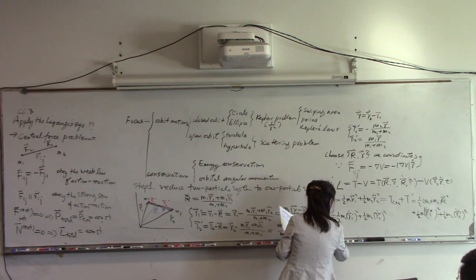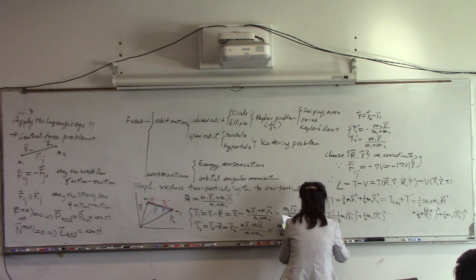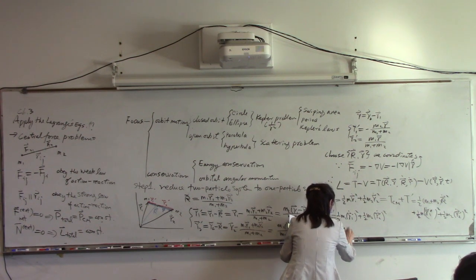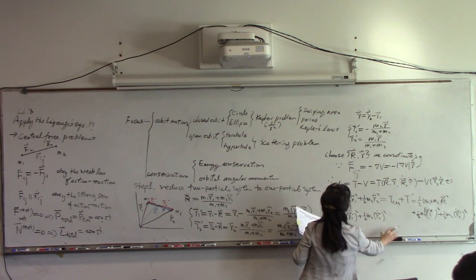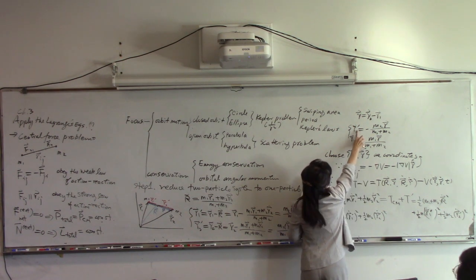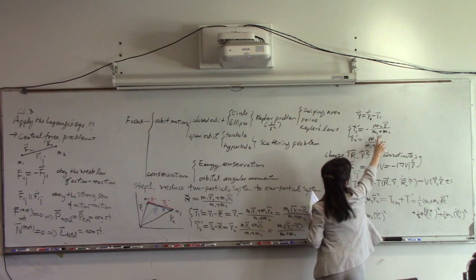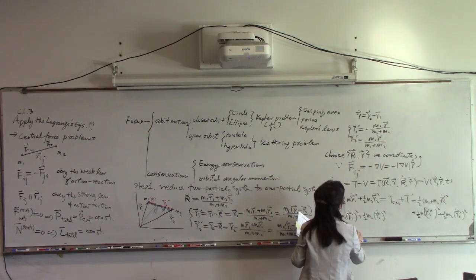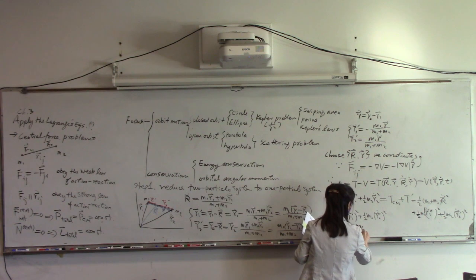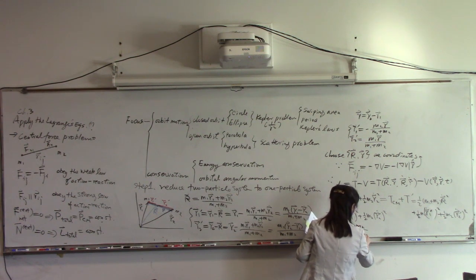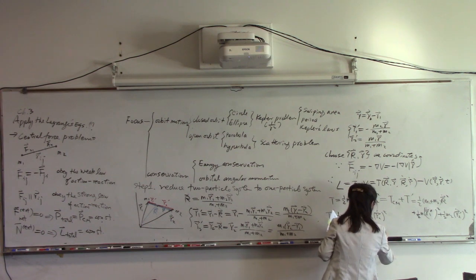Then we substitute into that: half of M1 times R1 prime, so we take the dot, which is only R dot, since the masses are all constant. Then we have minus M2 over M1 plus M2, squared, times R dot squared, right?